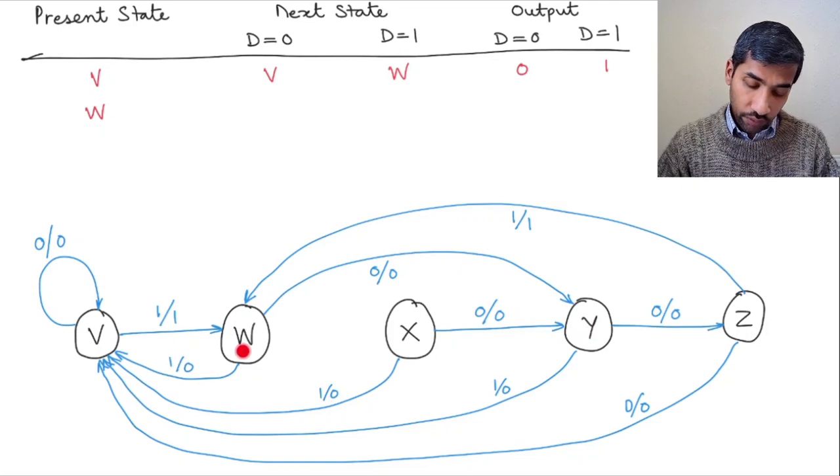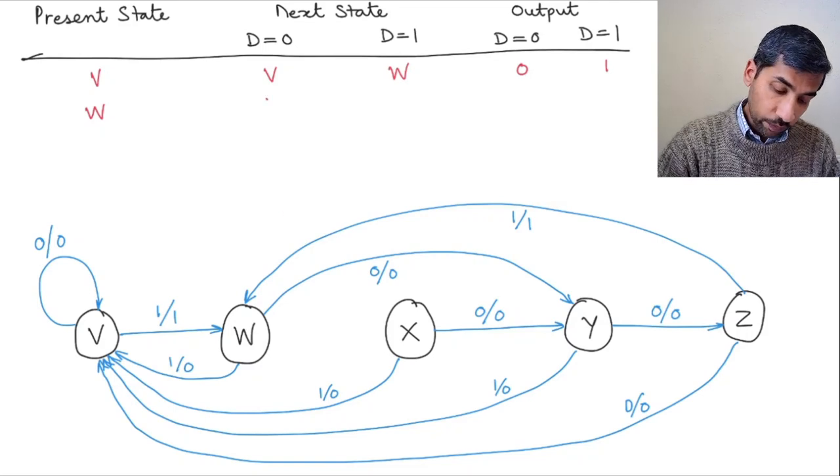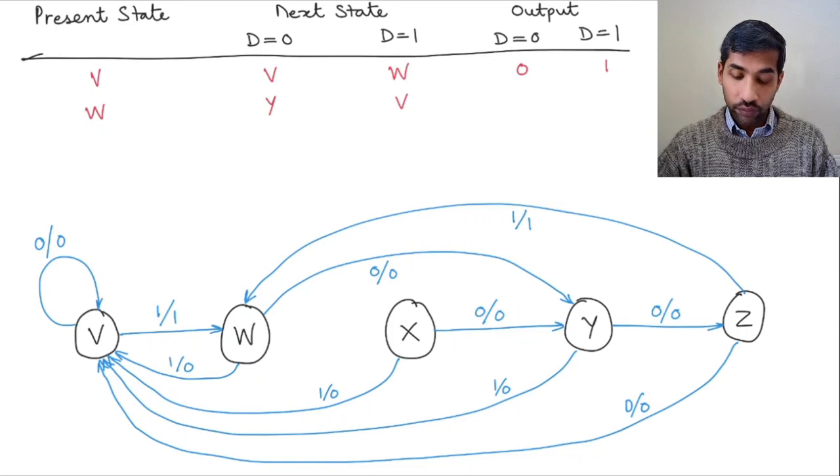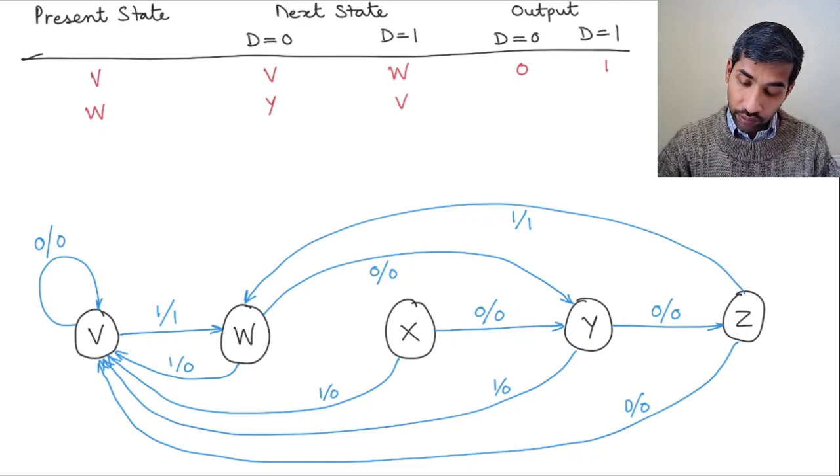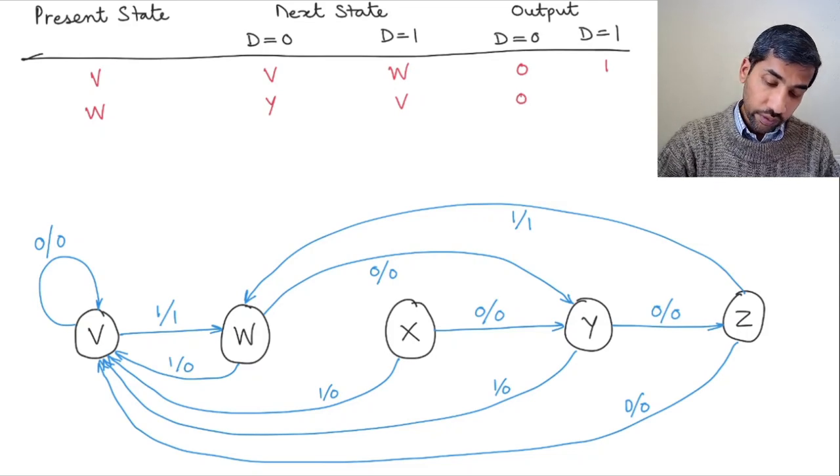If you get an input of 1, you go to state v. Okay, so let's write that. So you have y here and v here. And what are the outputs? The outputs are 0 and 0.